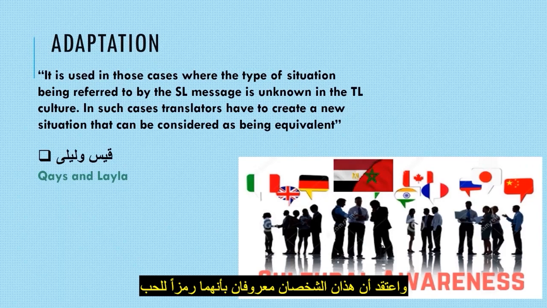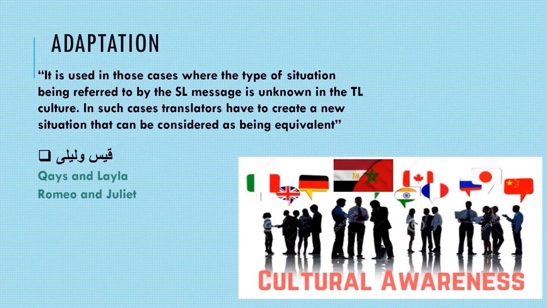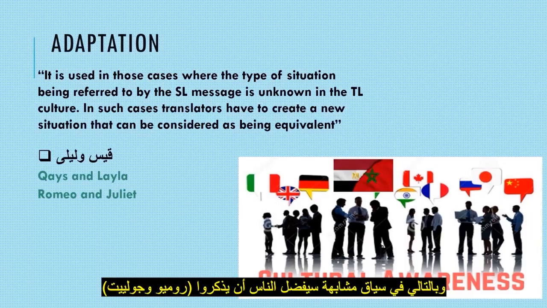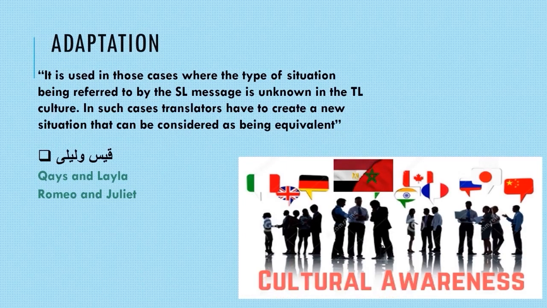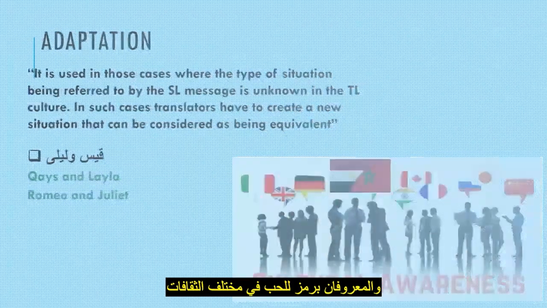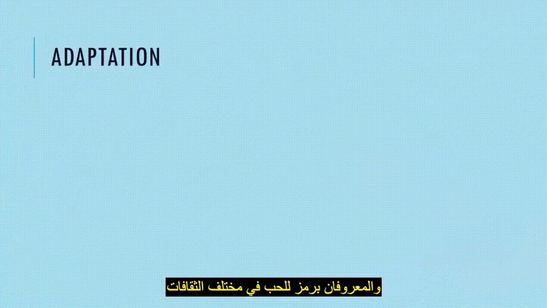I don't think those two characters are known across the world as symbols of love. So, in similar context, people tend to use Romeo and Juliet, who are well-known symbols of love across cultures.